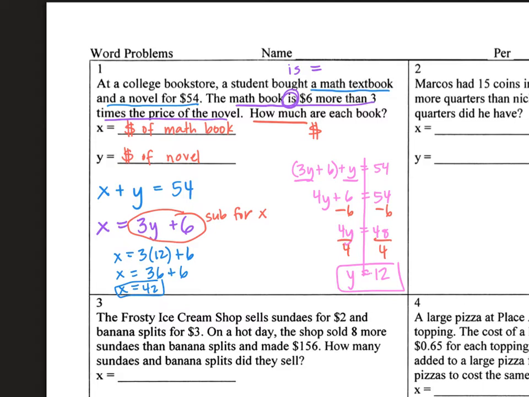So here's our answer: $42 for the math textbook and $12 for the novel.